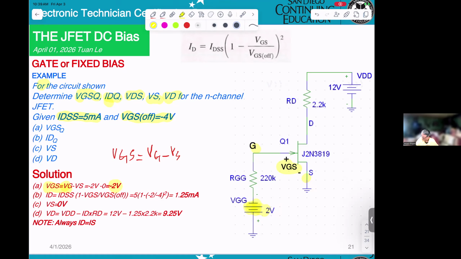Okay, the next one, they want to calculate the ID. Okay, let's see. ID equal IDSS times 1 minus VGS divide VGS off. Okay, basically they have to be squared, I think so.